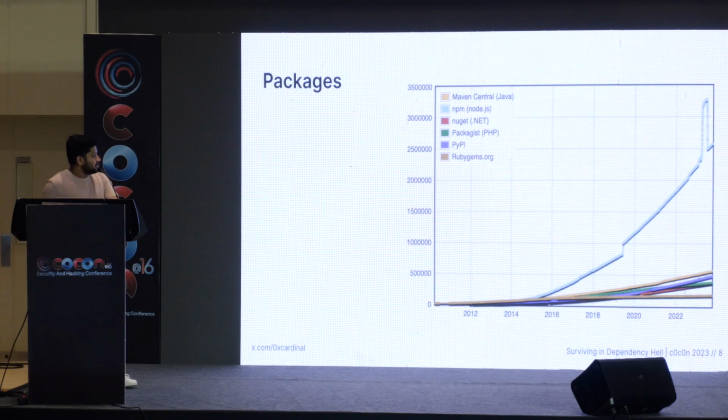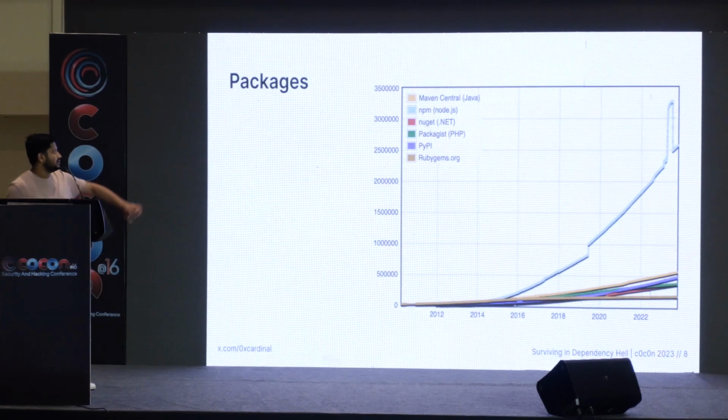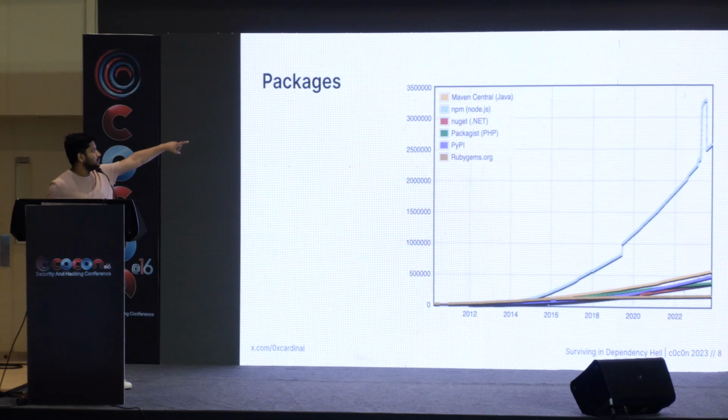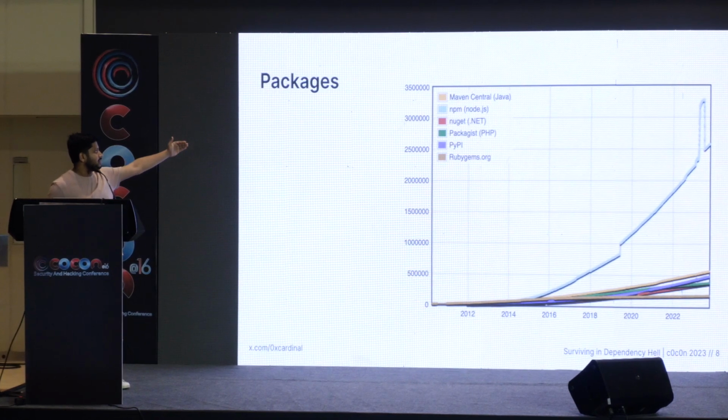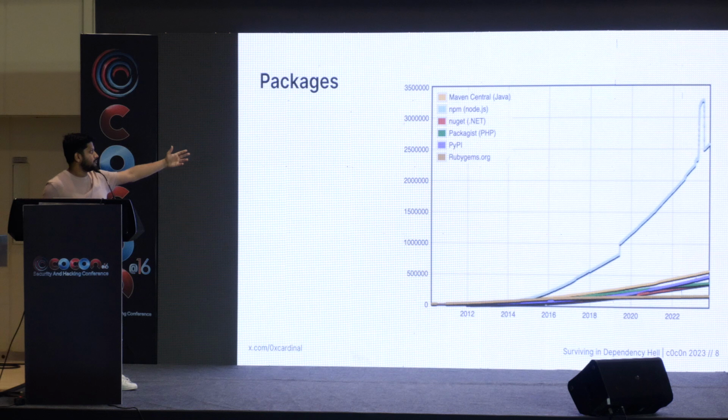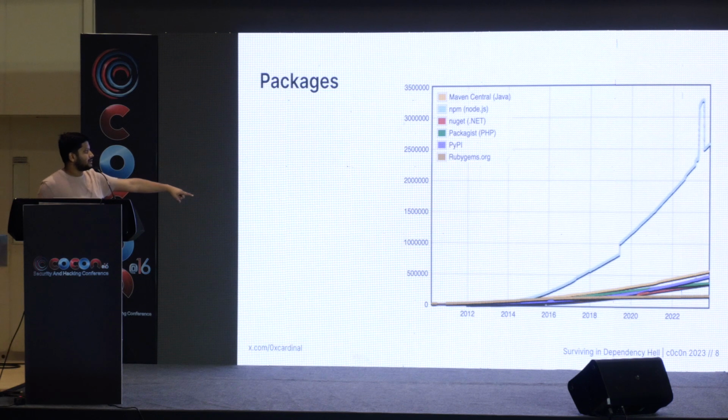If you see this image, there are different comparisons: Maven, NPM, NuGet, PyPI, and Ruby gems. I'm comparing these few package managers, and if you can see, the NPM package ecosystem has grown drastically.